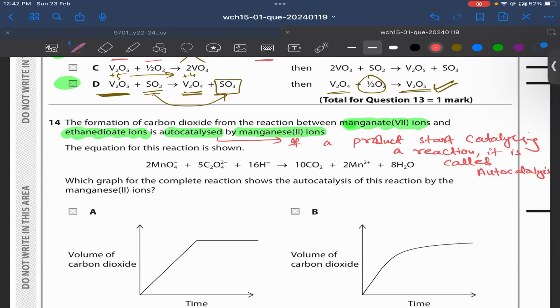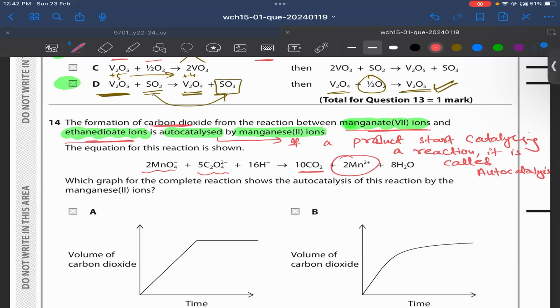So in this question, they're saying that the formation of CO2 from the reaction between manganate ions and ethanedioate ions is autocatalyzed by manganese(II) ions. So this Mn2+ will catalyze the reaction.